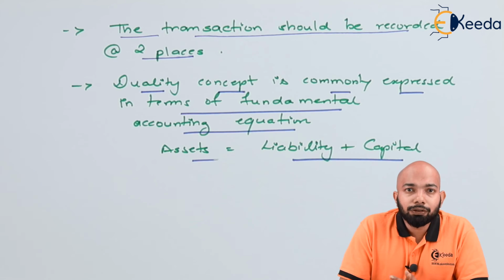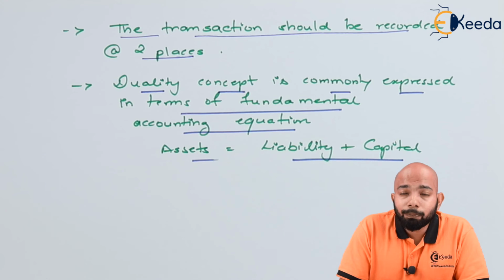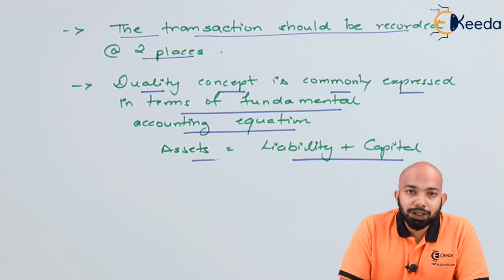At any given point of time, if a transaction is affecting different accounts and you miss out any of them, then you won't be able to justify this equation, which is assets equals liabilities plus capital.